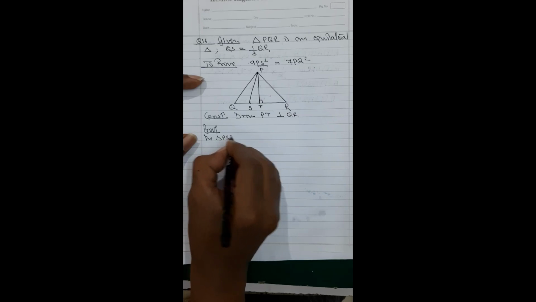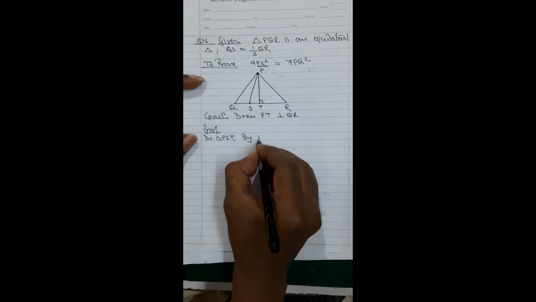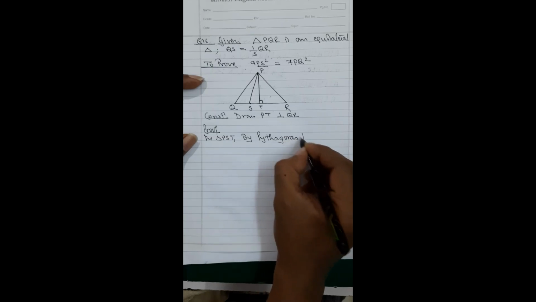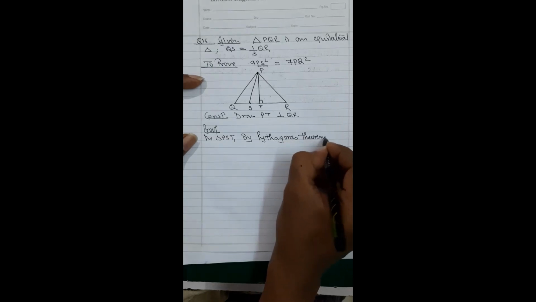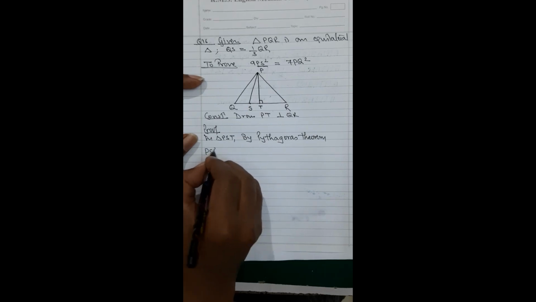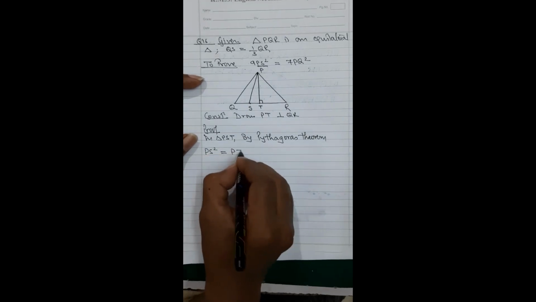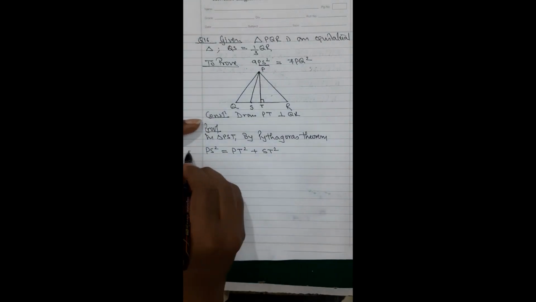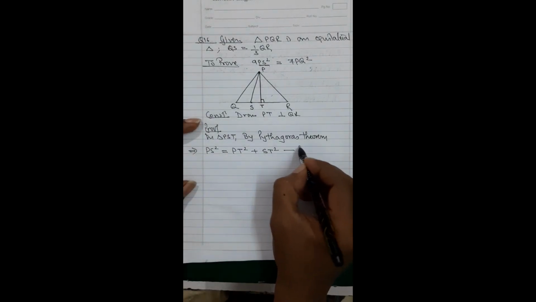In triangle PST, by Pythagoras theorem, PS square is equal to PT square plus ST square. This is your main equation.